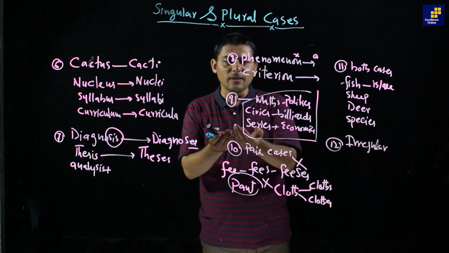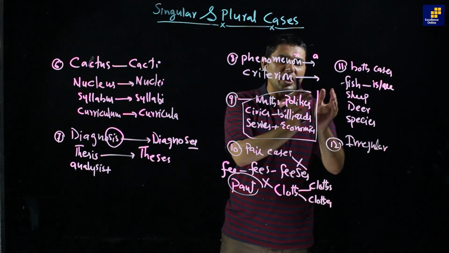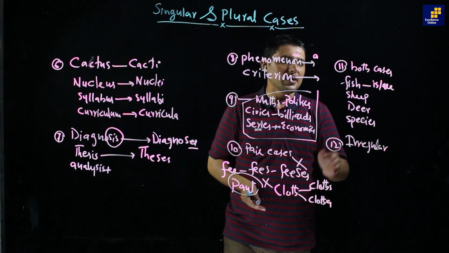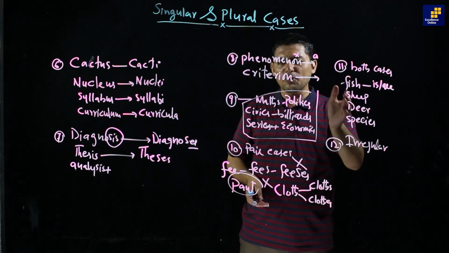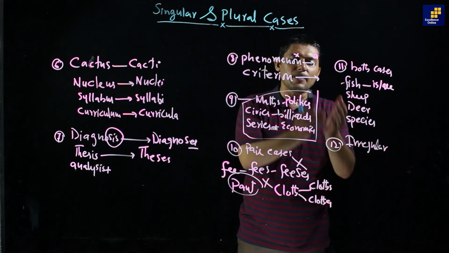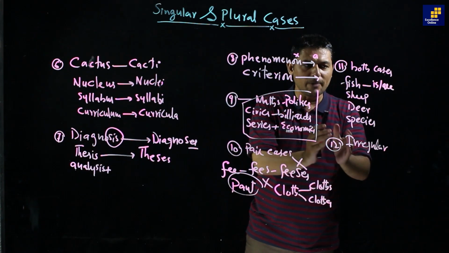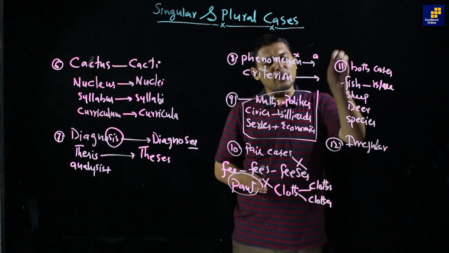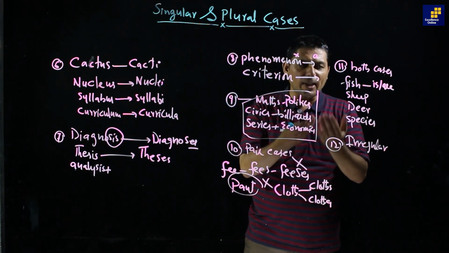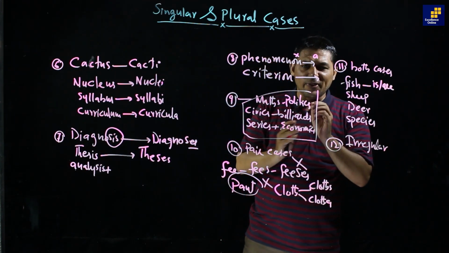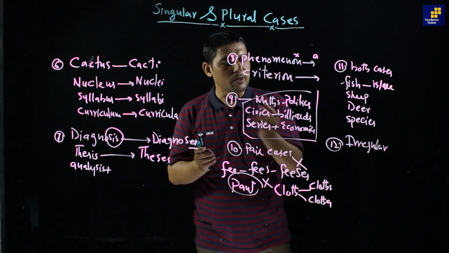If we have more, then are. But we do not say sheeps. Is it clear? Deer, species, these examples. So you can use these four. Apart from four, we have more examples, but I have written only 4 examples. They are singular as well as plural without any change. Means according to the sense of the sentence, you will select a singular verb or plural verb.